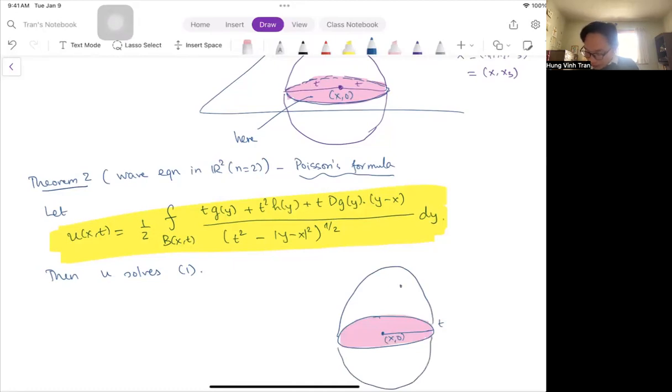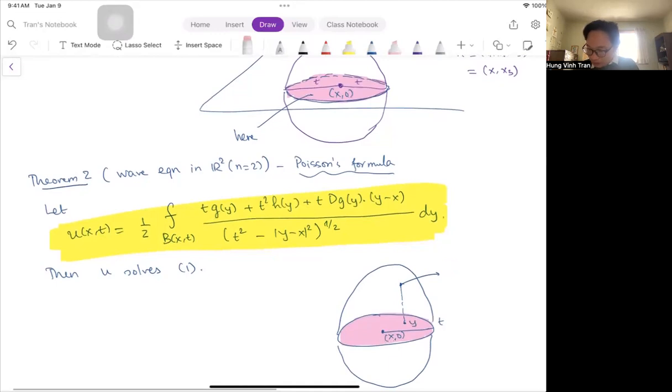For any point x bar up here, when I project it down to a point here, this is a point y. Let me call the point up here y bar, with y bar equal to y3 here. When I project it down, this is a point y in the disk.